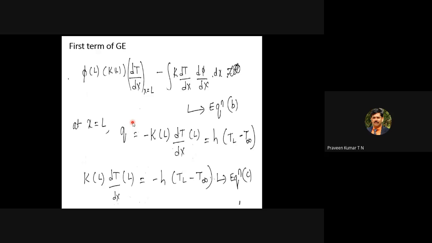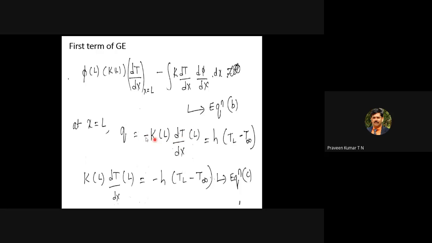Or otherwise, we can remember it this way: the total conduction rate is 1000 watts. The rightmost surface is exposed to the ambient. The amount of heat transferred to the ambient by convection is also equal to 1000 watts. That's why this term, k dT by dx, is the conductive heat transfer.